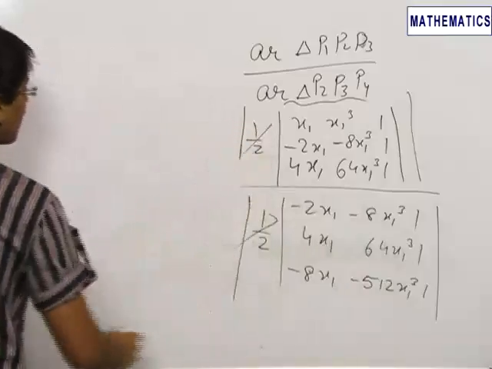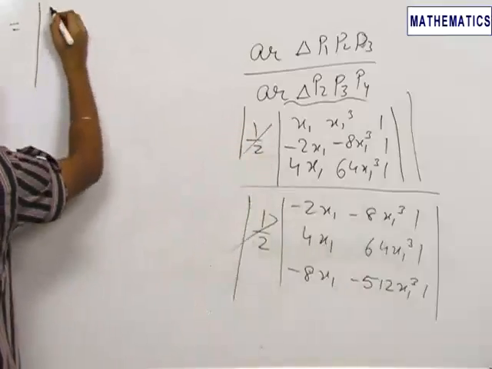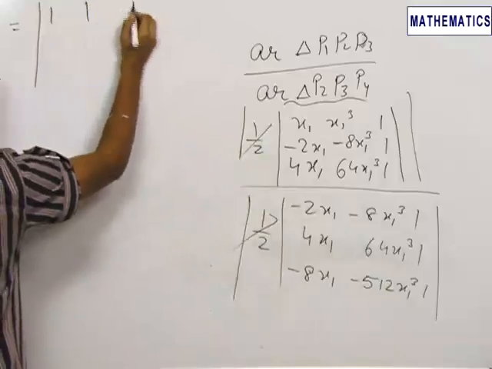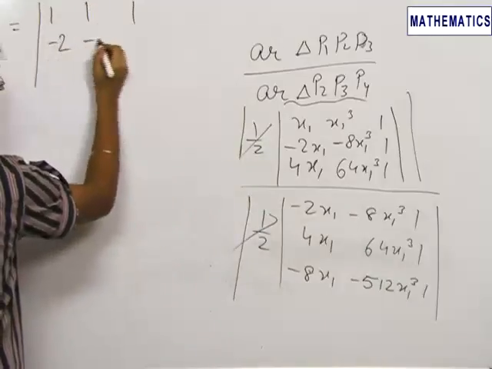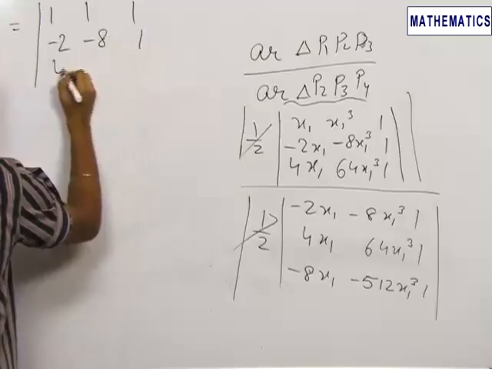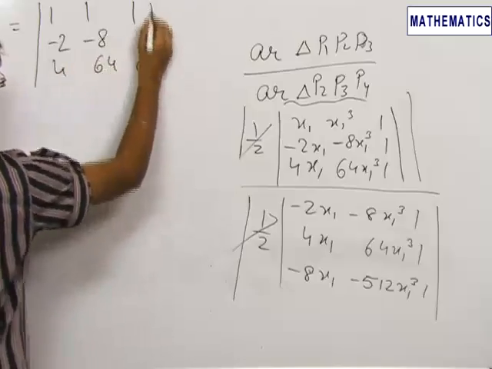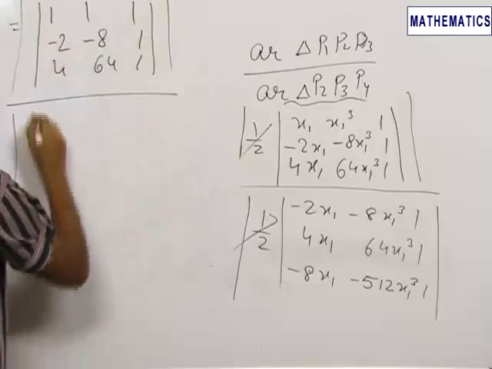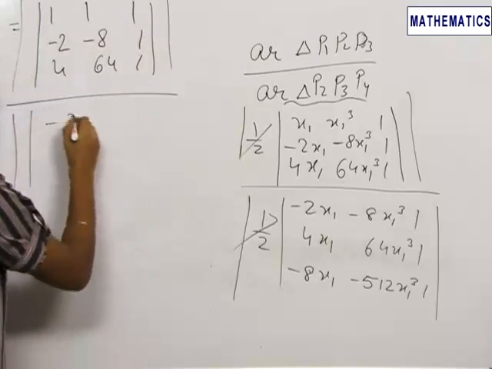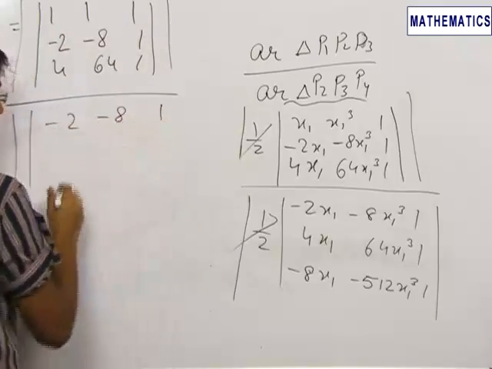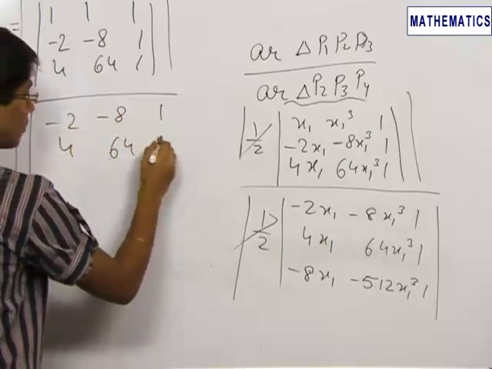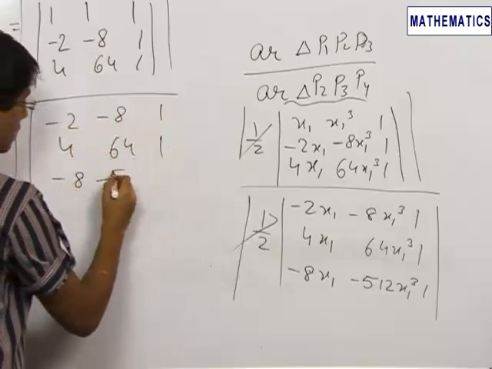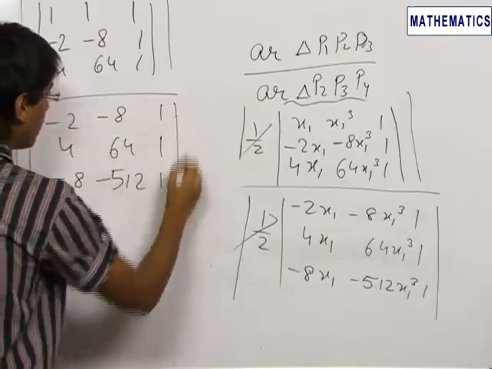This half and half will get cancelled and we will get 1, 1, 1, minus 2, minus 8, 1, 4, 64, 1, whole modulus, divided by modulus of determinant minus 2, minus 8, 1, 4, 64, 1 and minus 8, minus 512, 1.